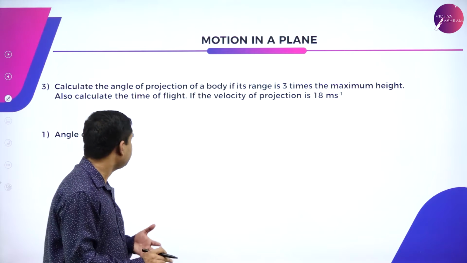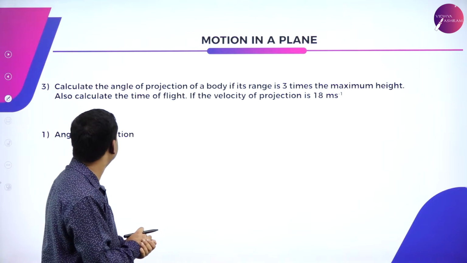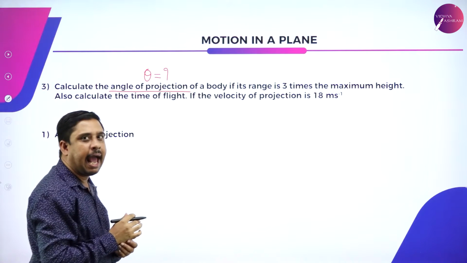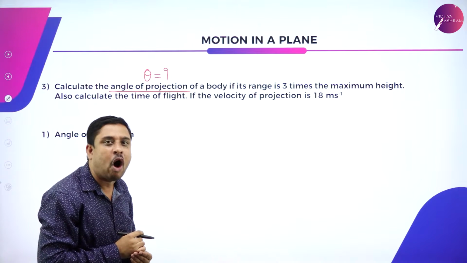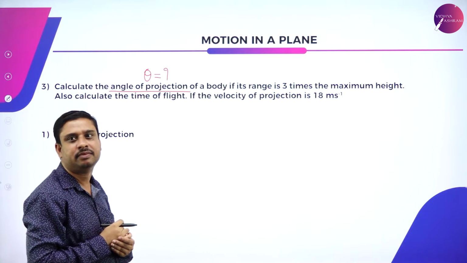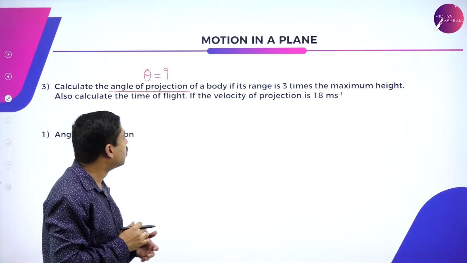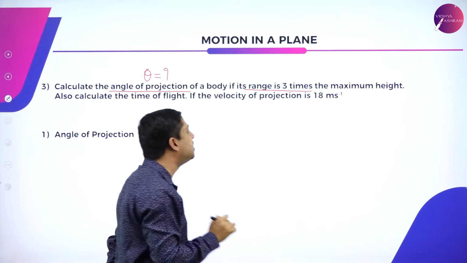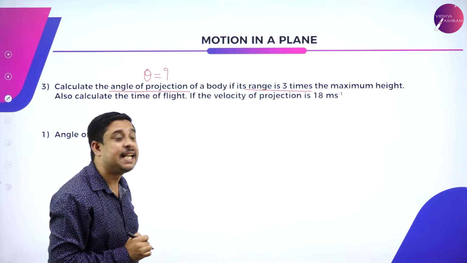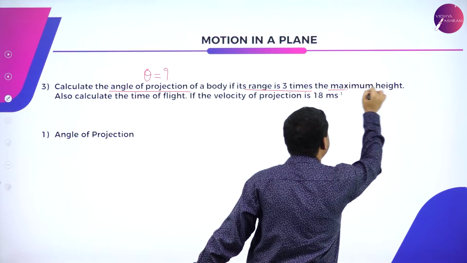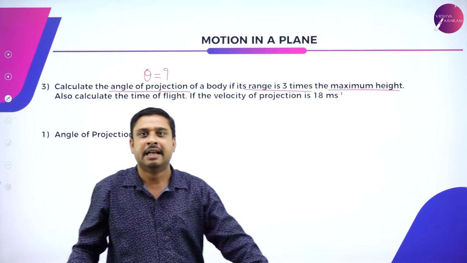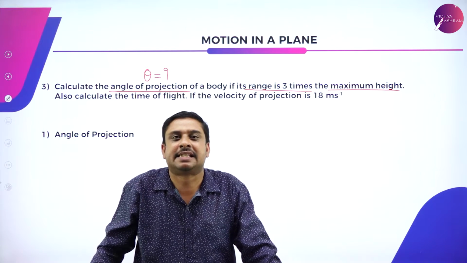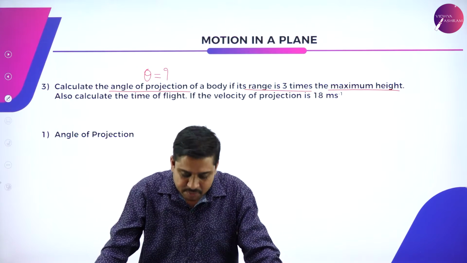Third one, calculate the angle of projection. Angle of projection of a body, if the range is 3 times the maximum height, the given data says range is 3 times the maximum height.